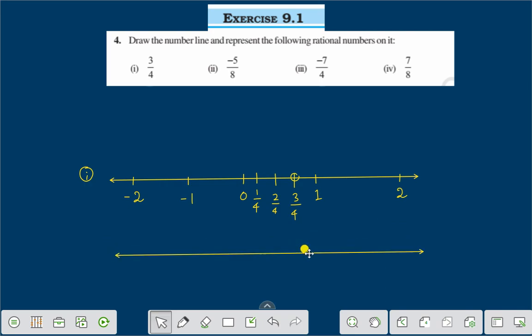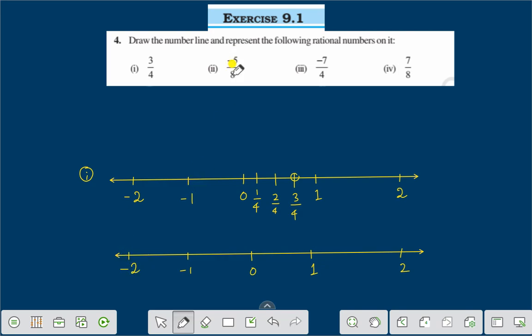Here we have drawn another line, right? Let us write, this point is 0, this is 1 and this is 2. This is minus 1 and this is minus 2.